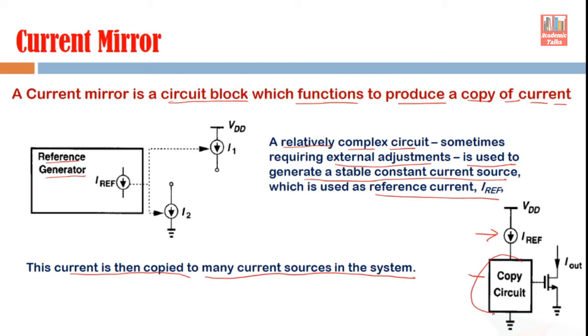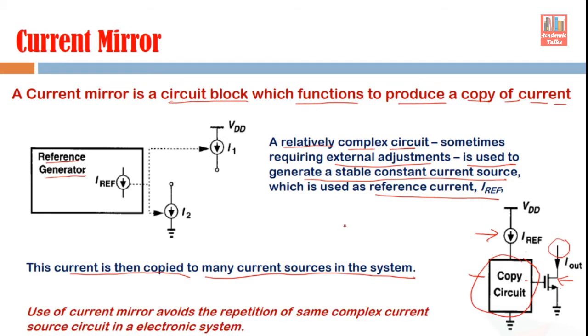This copy is applied to some other circuit where current is needed, and for that purpose a MOSFET device is used again. So the current I out, which goes to some other block, is generated with the help of a MOSFET device, and this MOSFET device is controlled by the copy circuit. That way, one copy of the reference current is supplied to the output circuit with the help of a copy circuit and a MOSFET device.